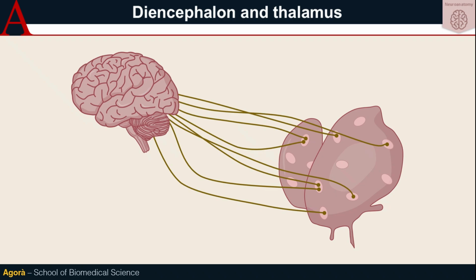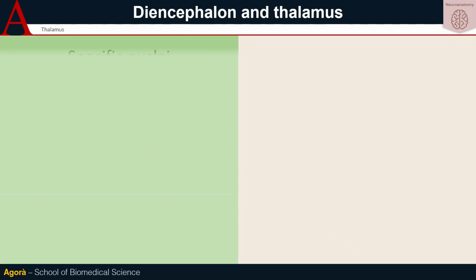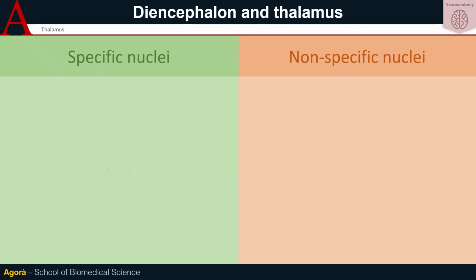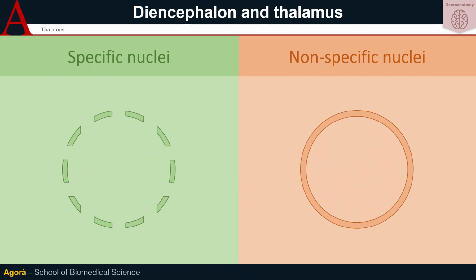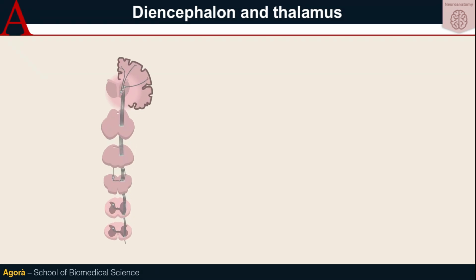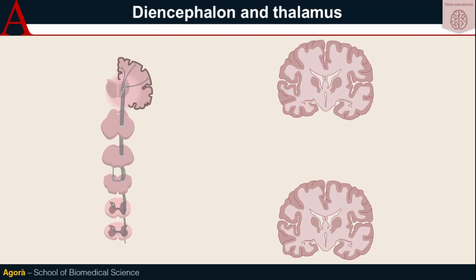Thalamic nuclei are classified as either specific or non-specific, depending on whether the efferent fibers project to well-defined areas or broader regions of the cortex. Non-specific nuclei, in particular, are involved in regulating alertness. The thalamus occupies a central position in the brain and establishes close relations with the adjacent structures, so much so that it is sometimes referred to as the thalamencephalon.